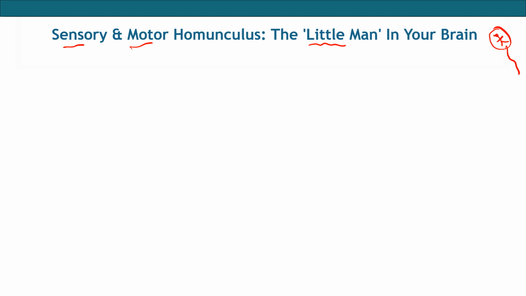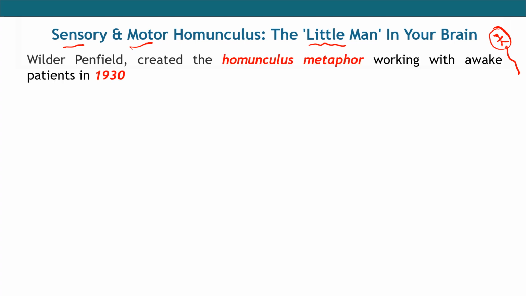So this metaphor was useful to create this metaphor about how the brain works. So now we know that the homunculus doesn't exist, but it inspired this idea. It's an experiment that took place in the 1930s. This idea of the little man in your brain is based on the homunculus metaphor.